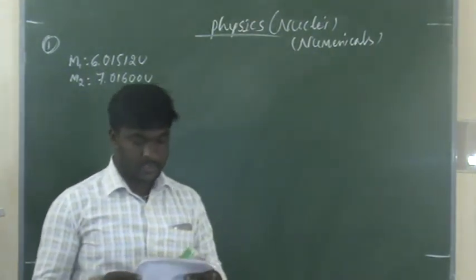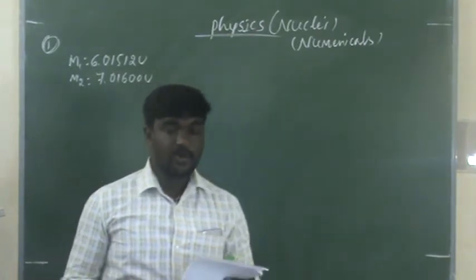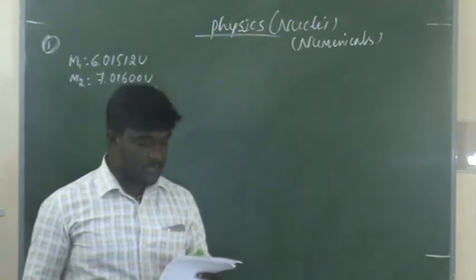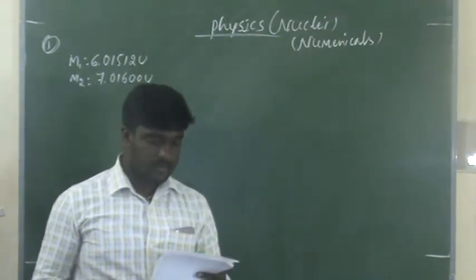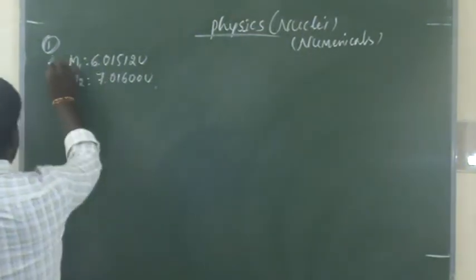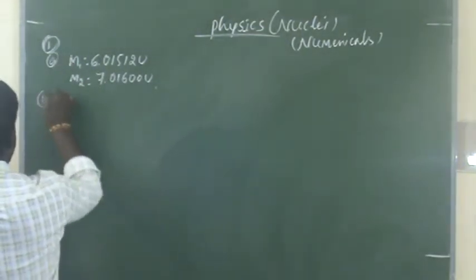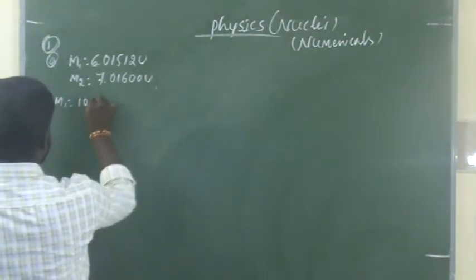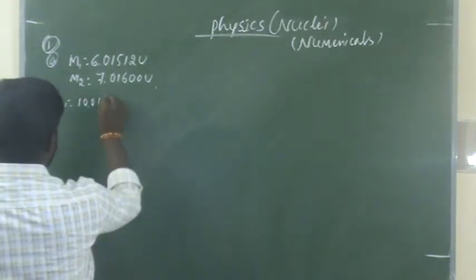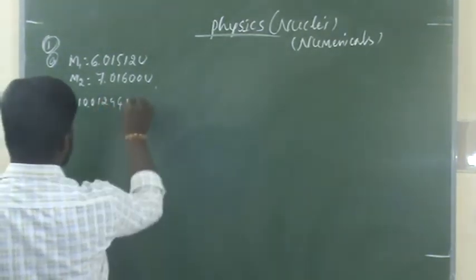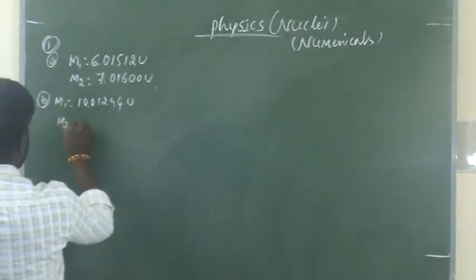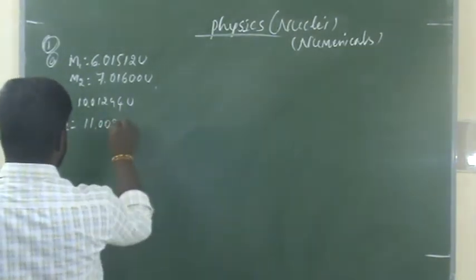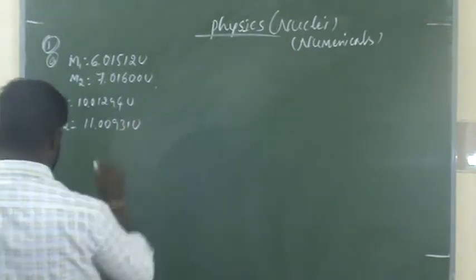And second, B: Boron has two isotopes, 5 boron 10 and 5 boron 11. Their respective masses are M1 equals 10.01294 unit and M2 equals 11.0931 unit.